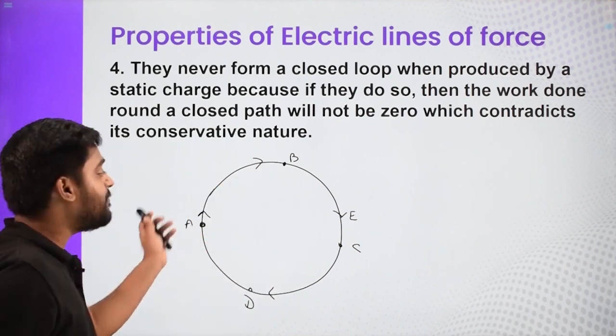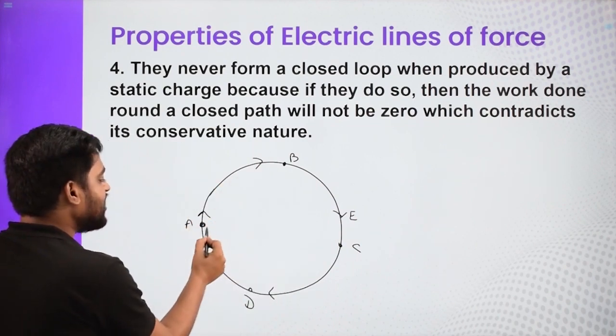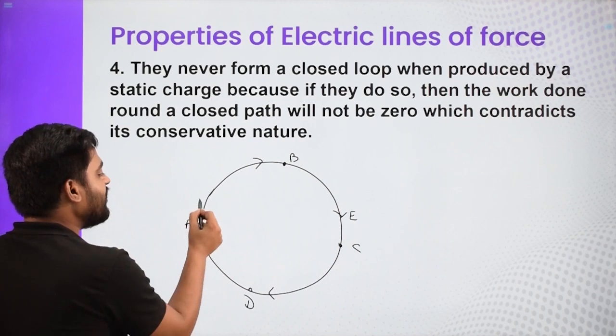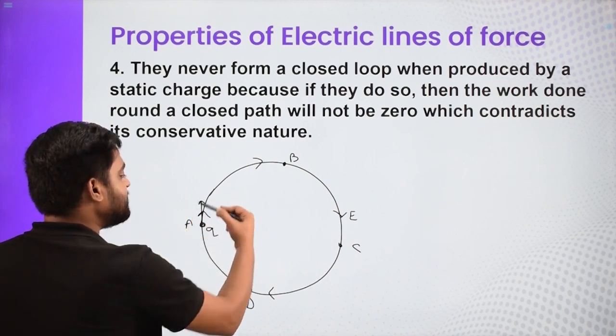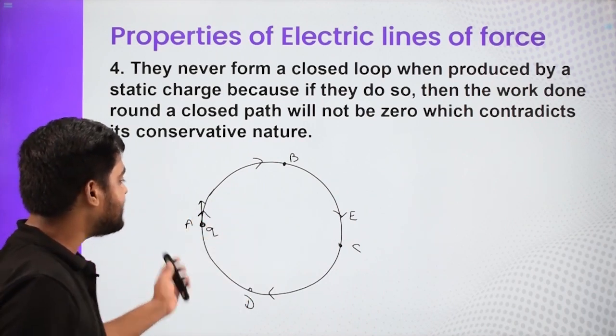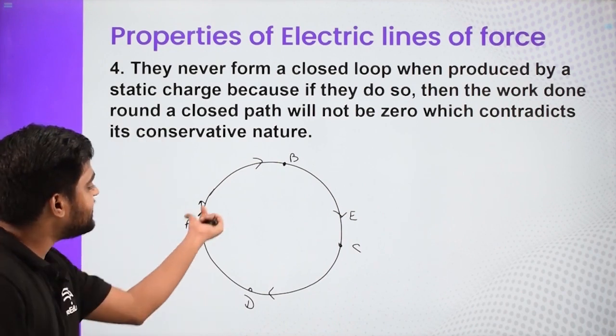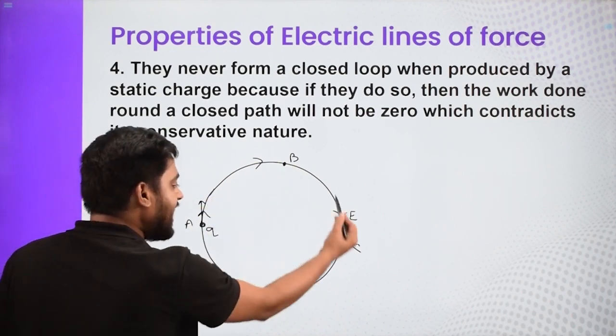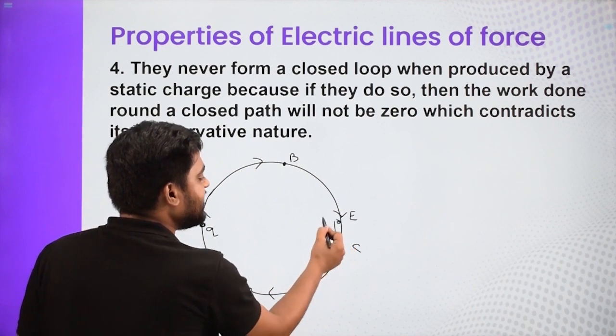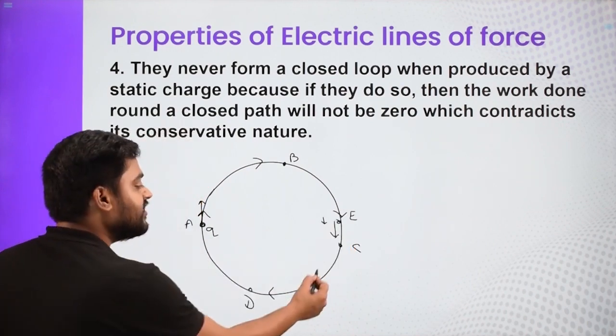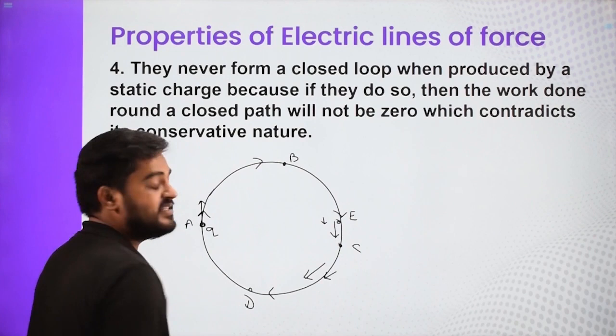So along one complete loop, if you move the point charge Q, then here the direction of force and the displacement is basically the same. So there is work done, force times displacement. So work done will add up. Here the force is in this direction and displacement is in this direction. Here the force is in this direction and displacement is in this direction.